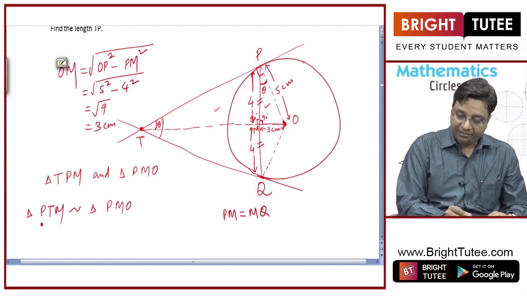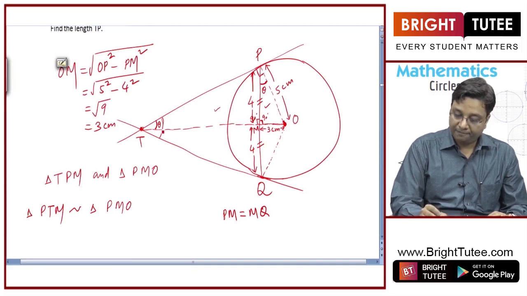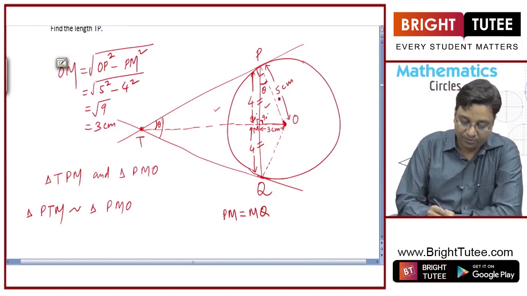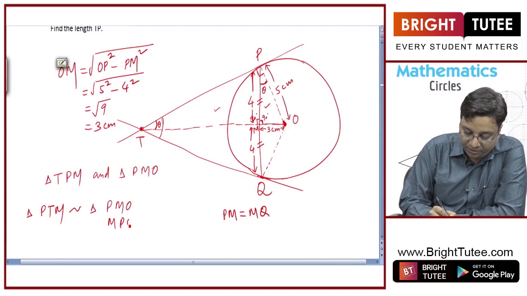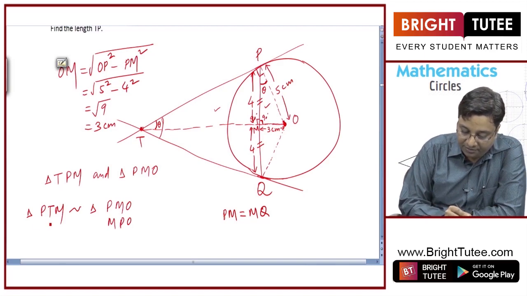Angle PTM is equal to angle MPO. And what is angle TMP? TMP is equal to PMO.